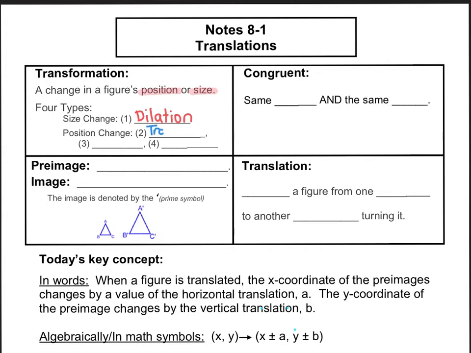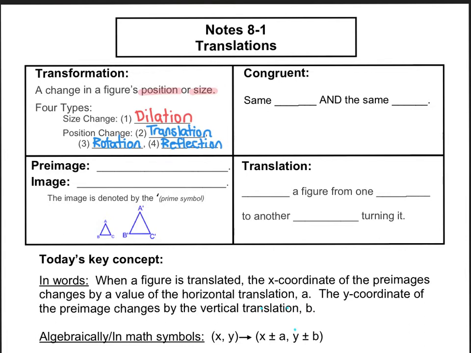That's what we'll talk about today. And then we've got a rotation. And finally, a reflection. So with those 3, they do not change size, but they do change position.